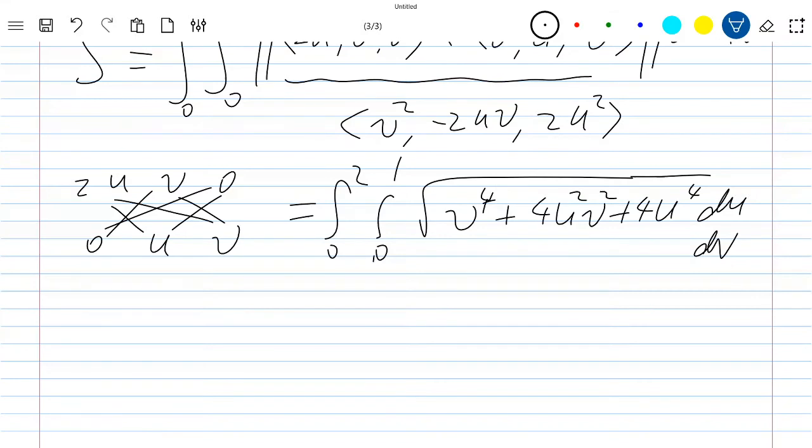Actually, not bad. We're kind of lucky. You have 2u squared plus v squared, and if we square it, you get v to the fourth, 4u to the fourth, and 4u squared v squared. And taking the square root, it's gone.